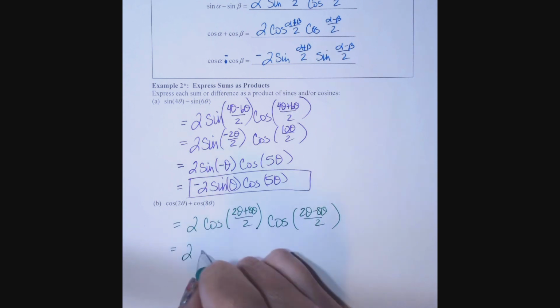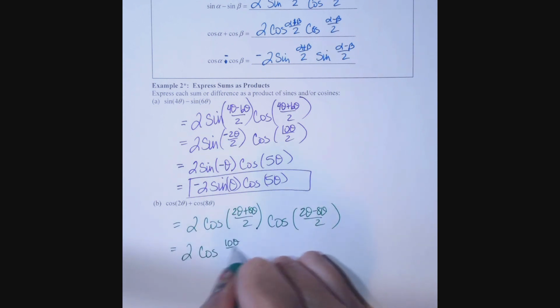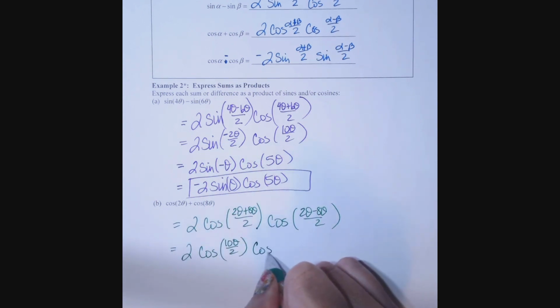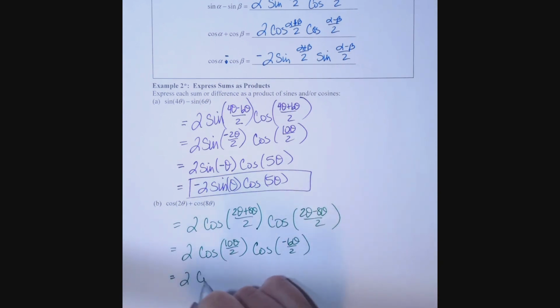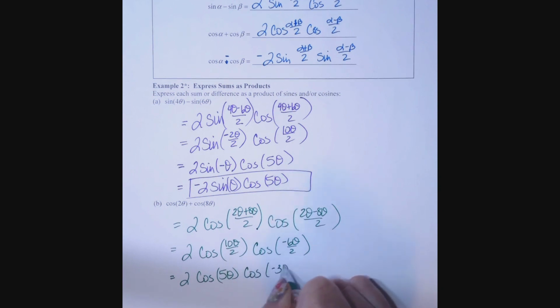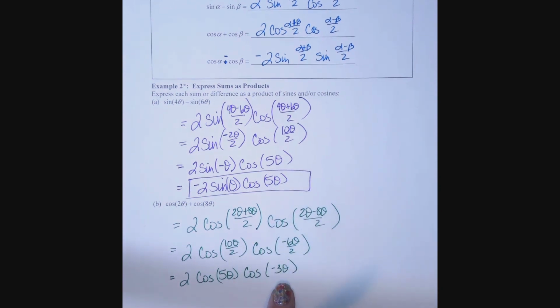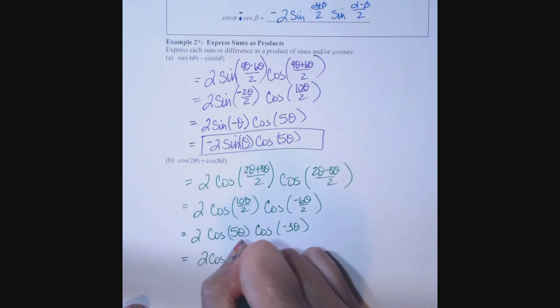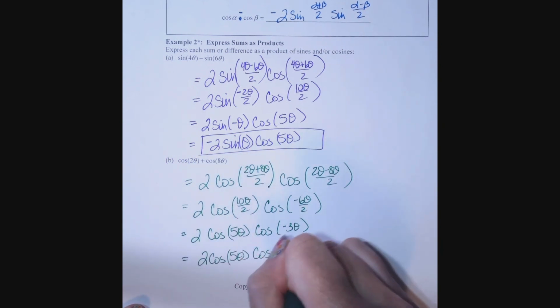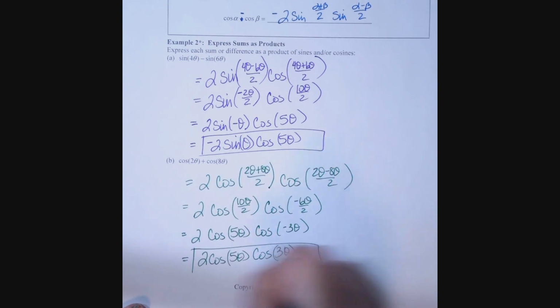So that gives me 2 cosine of 10 theta over 2, cosine of negative 6 theta over 2, which is 2 cosine of 5 theta, cosine of negative 3 theta. Cosine is even, so simplified completely. There we go.